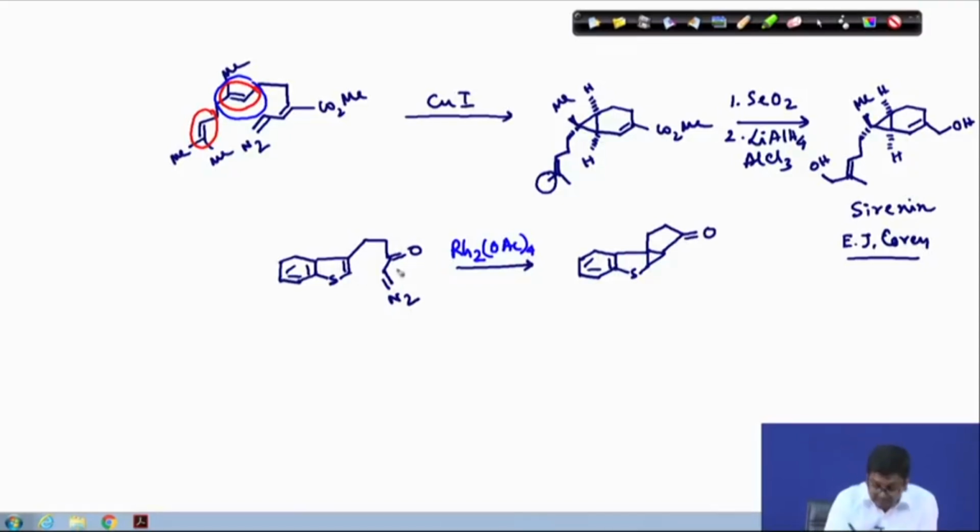Okay. So, basically after forming the carbene here, that will make the cyclopropane here. Okay. So, overall these intramolecular reactions will generate a cyclopropane ring.